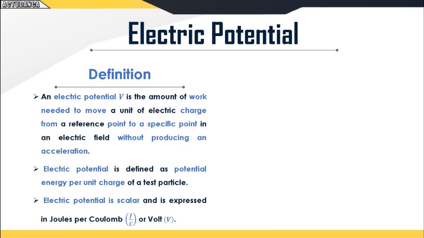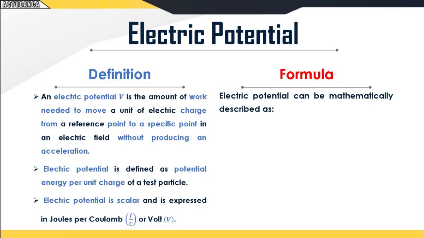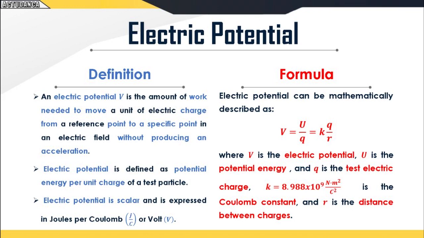Electric potential is scalar and is expressed in joules per coulomb, or the capital J per capital C, or volt, denoted by the capital letter V. Electric potential can be mathematically described as V is equal to U over Q, or also equal to K multiplied by Q over R, where V is the electric potential, U is the potential energy, and Q is the test electric charge. K is the Coulomb constant and R is the distance between charges.